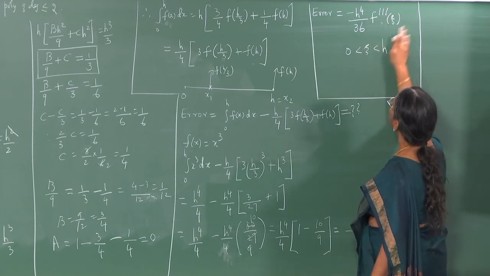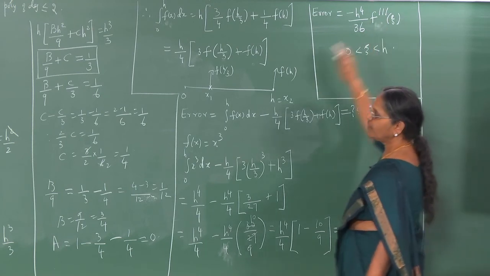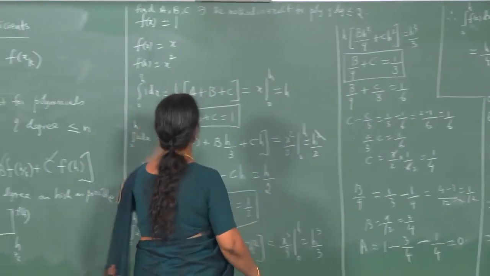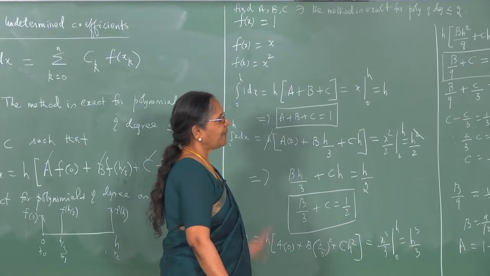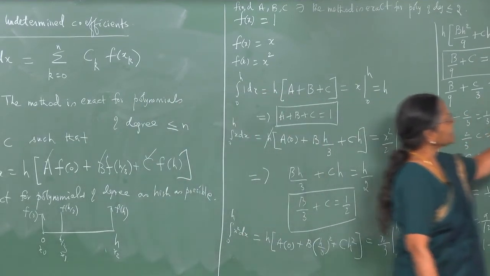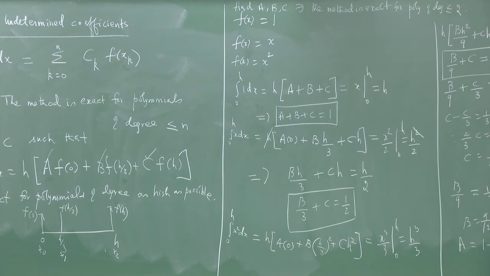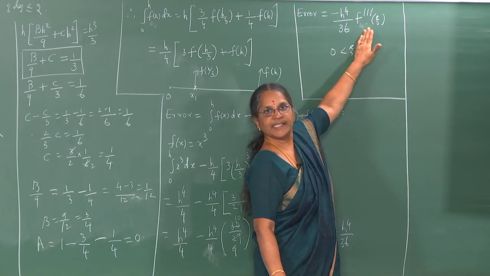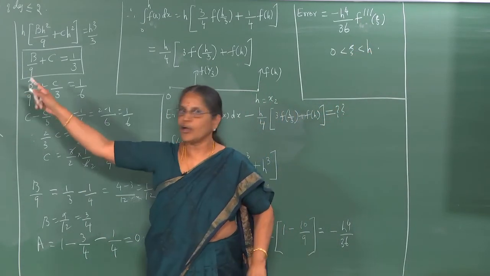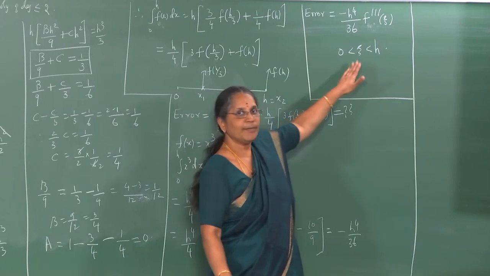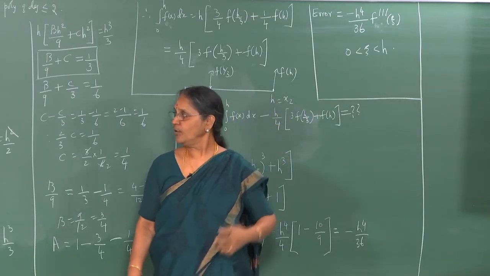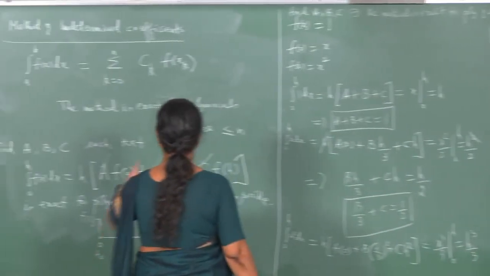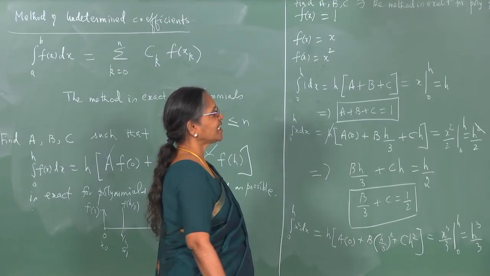So, this tells us the class of functions f for which this integration method can be applied, and it also tells us that the method is exact for polynomials of degree less than or equal to 2, so that the error will be 0.